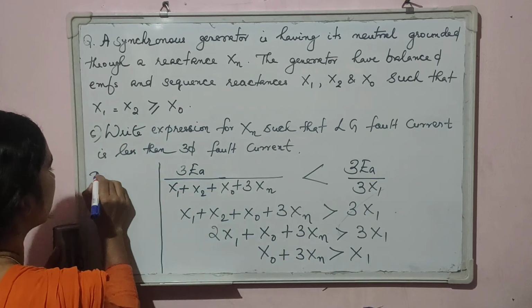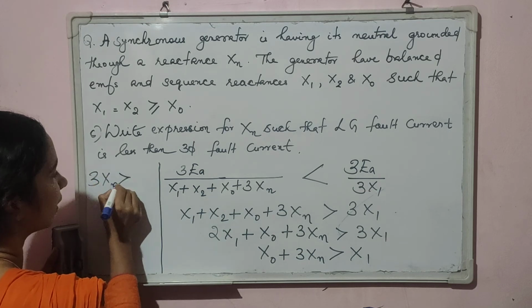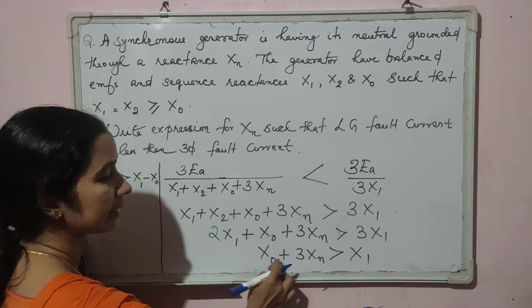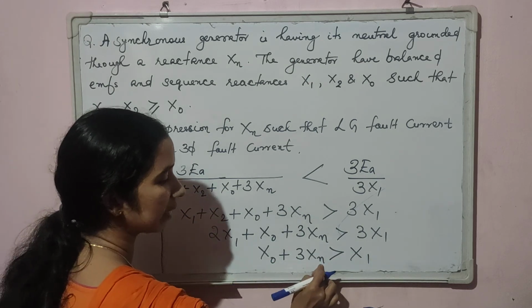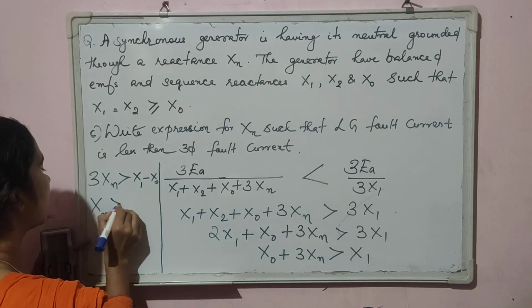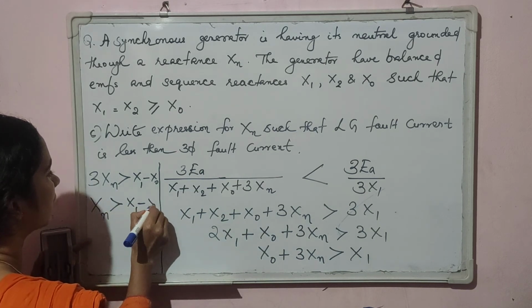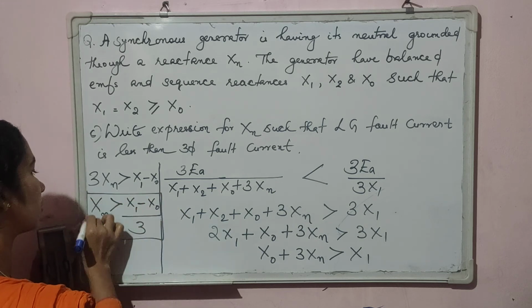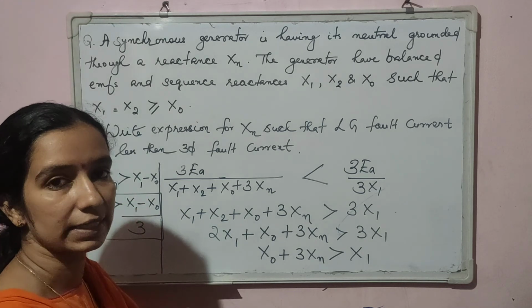So 3Xn is greater than X1 minus X0, and Xn is greater than X1 minus X0 divided by 3. This is the required expression for the neutral grounding reactance Xn.